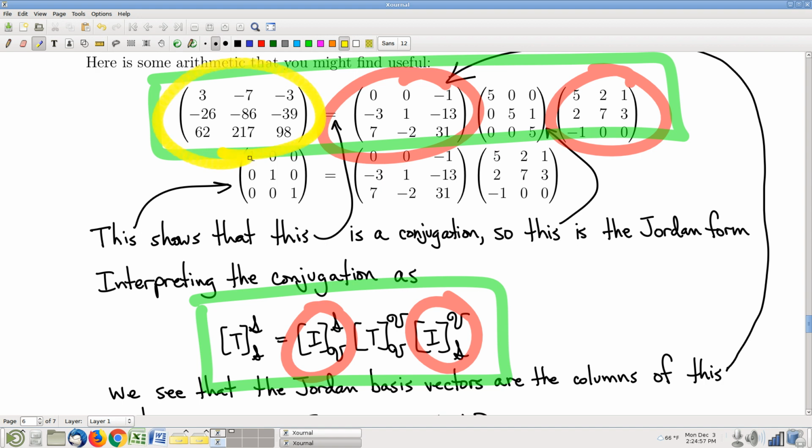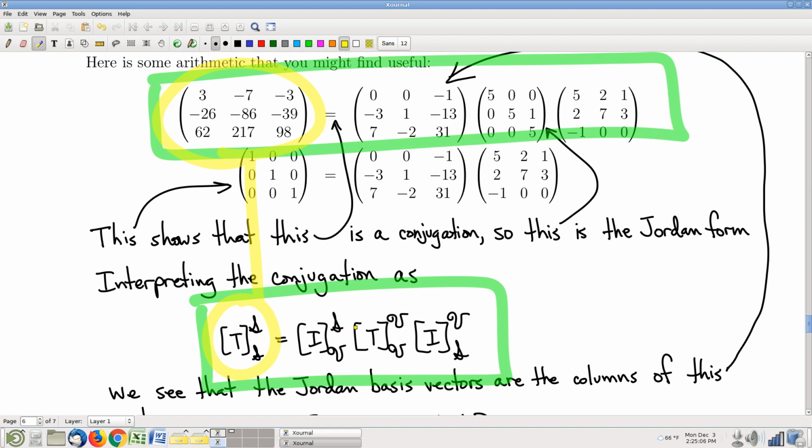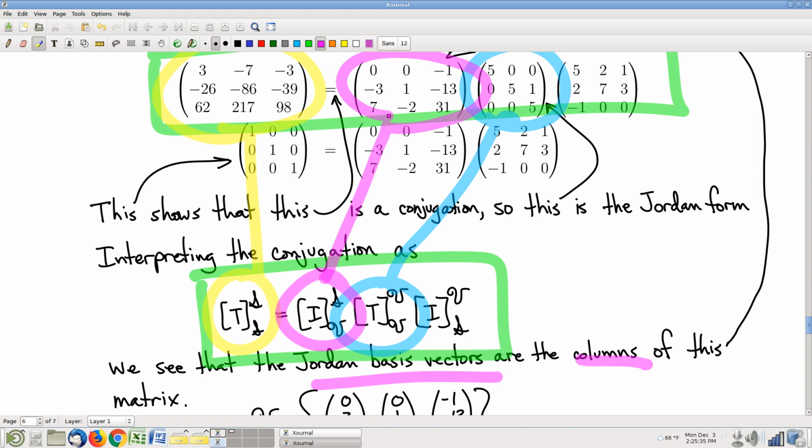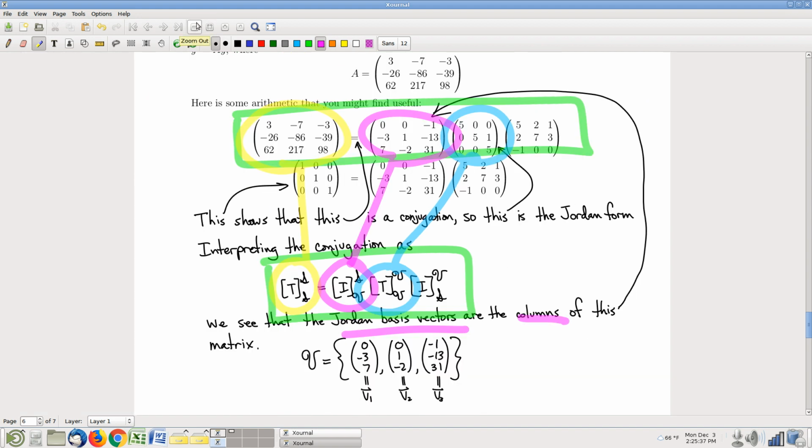A is in the language of the standard basis. J, the whole point of J, is that it is in the language of my new basis, my Jordan basis. And that means, looking at this equation down here, you can see that this is from S to V, this is from V to S. We know it's the one that's from V to S whose columns form the Jordan basis. So therefore, that's the one whose columns are the Jordan basis.